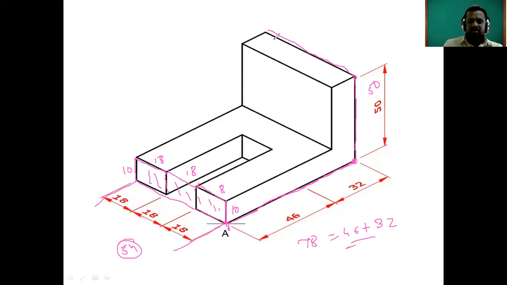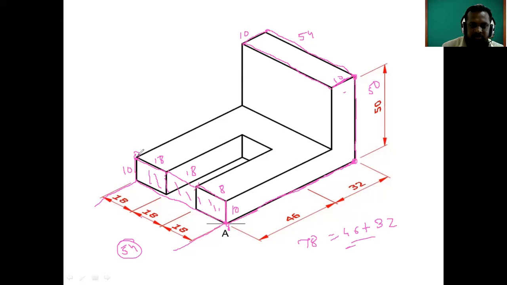Yes, it is 54. Then this length will be 10 mm. Then again from this line we can draw this line also. This is 10 and we can easily draw this portion.